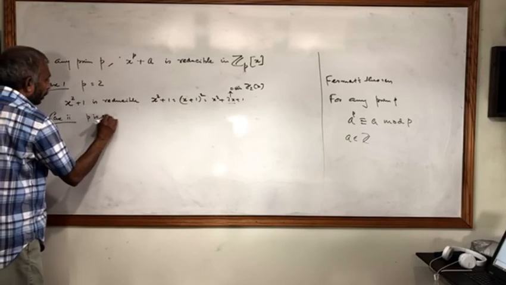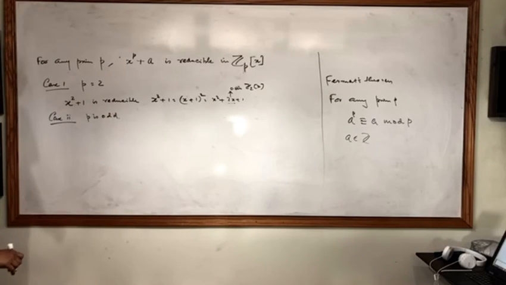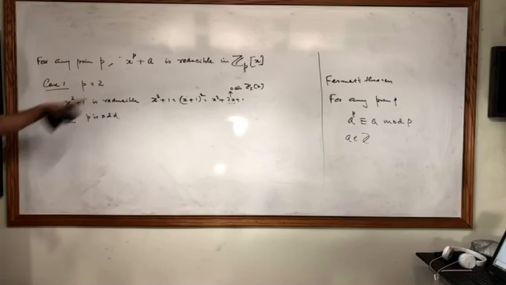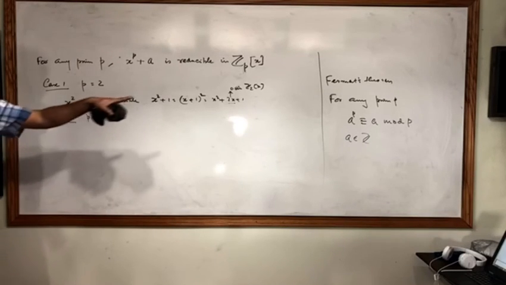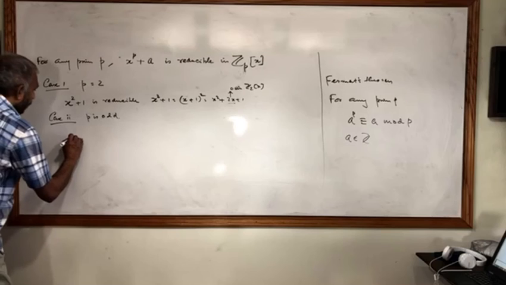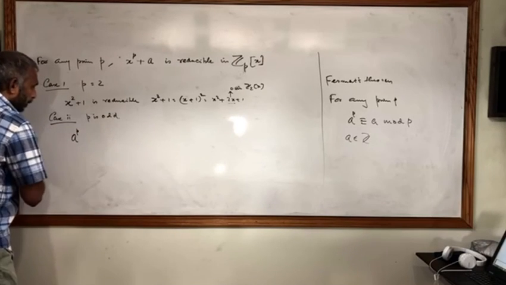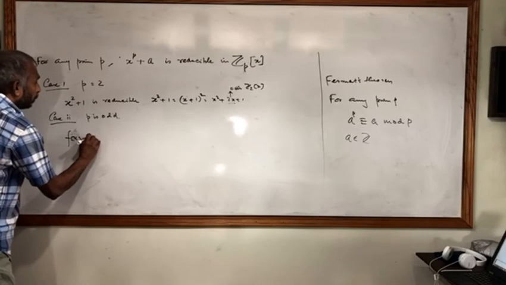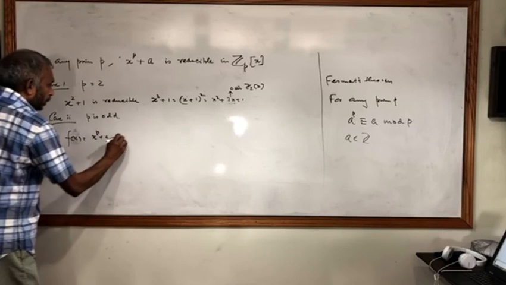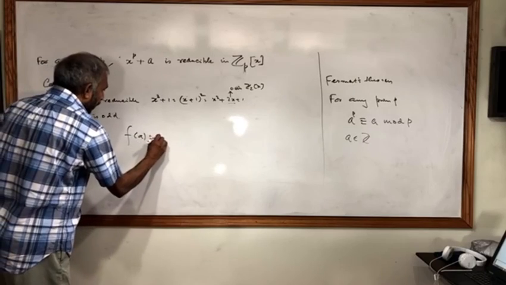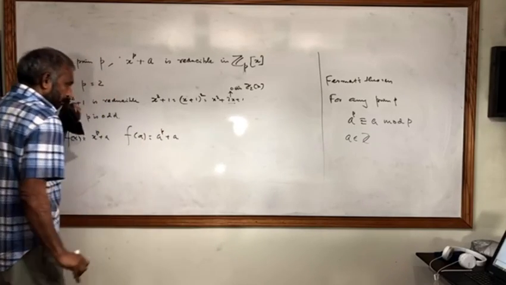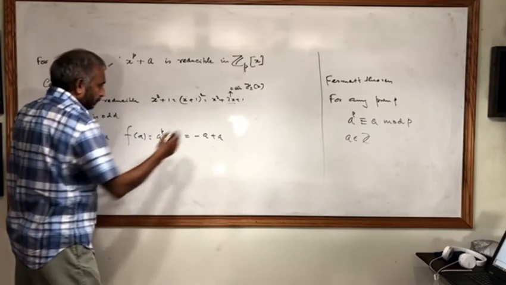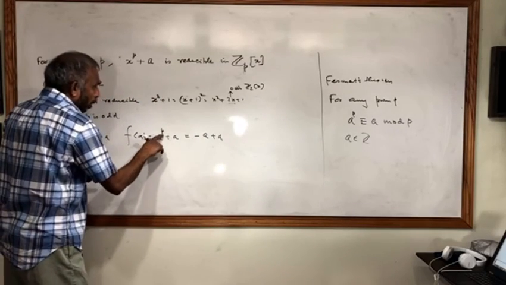So case 2, p is odd. Two is the only even prime number. Now we use that. So a to the power of p, or we can write it like this, f of x is equal to x to the power of p plus a. So f of minus a is minus a to the power of p plus a, and that is equal to minus a plus a, because p is odd.